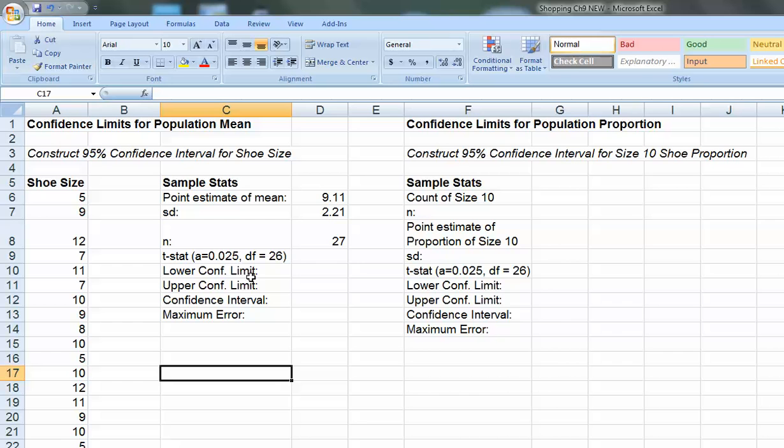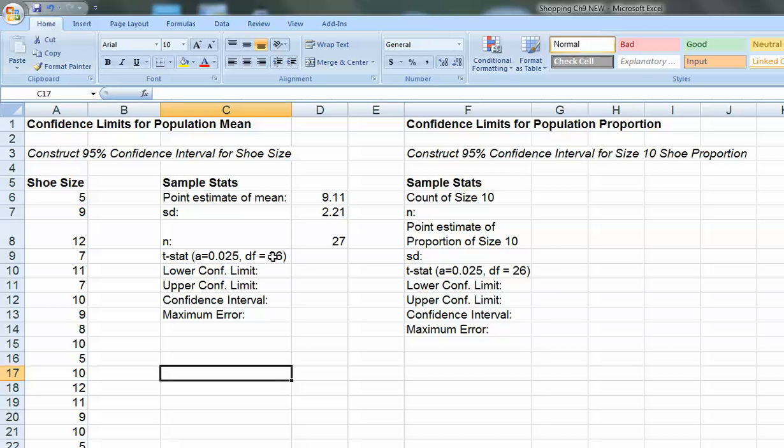So a t distribution, the tables that you find are one-tailed, and so you have to take the 95% confidence level, you take 1 minus 0.95 to get 0.05, and then you take half of that. So the alpha level I need is 0.025, and the degrees of freedom is n minus 1, or 27 minus 1 equals 26. It's not the inside back cover of the book.